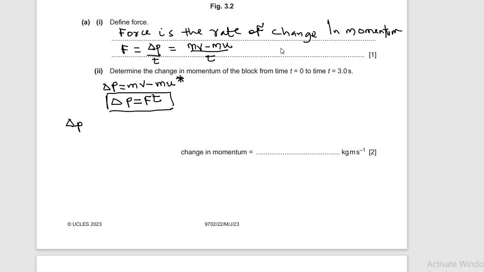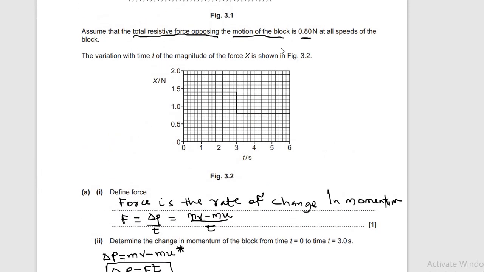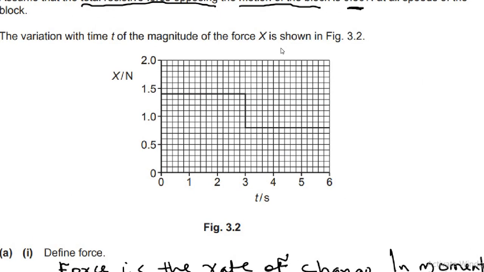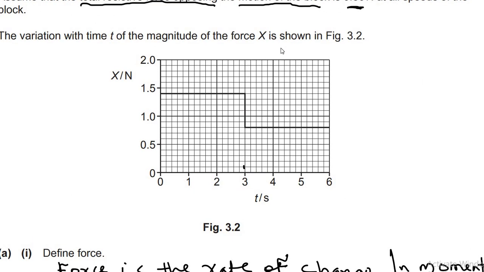Between 0 and 3, let's go back to the graph. The time is 3, right? Between 0 and 3, what is the change in force? At 3, the force is 0.8. At 0, the force is 1.4.